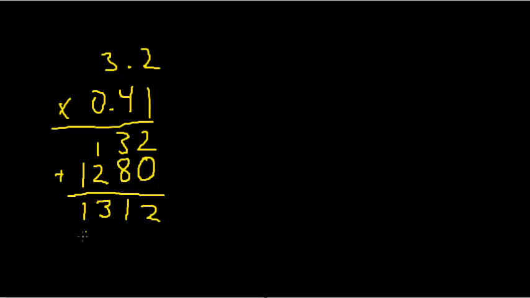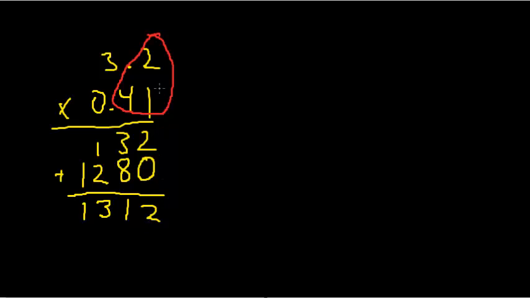3, 1. Now I need to take a look at my decimals up here. My 3.2 has one digit after the decimal. 0.41, I have 2 digits after the decimal. That's a total of 3 digits after the decimal.